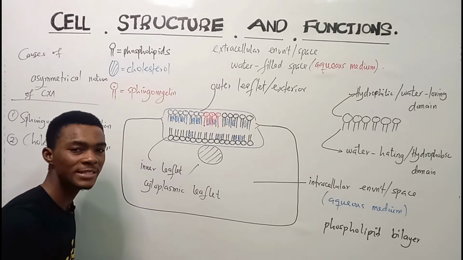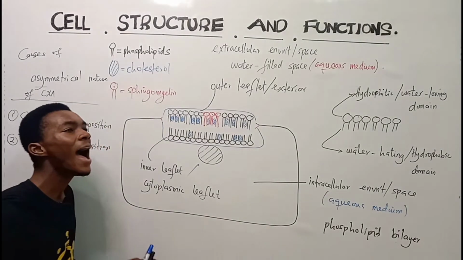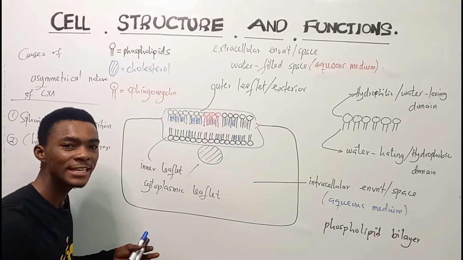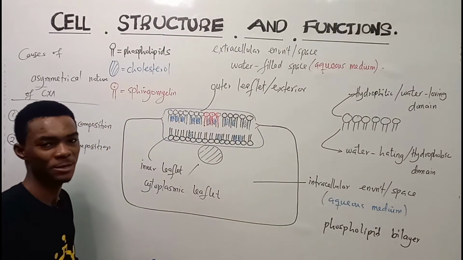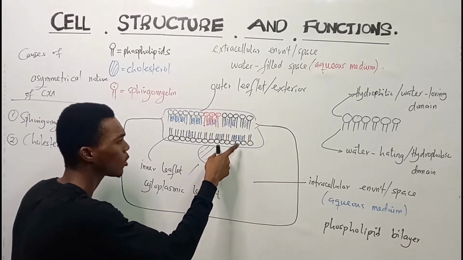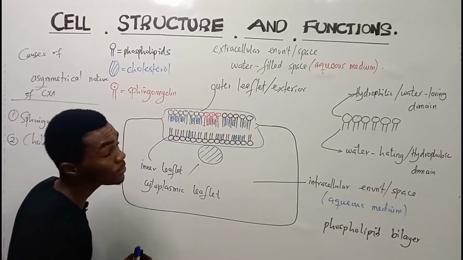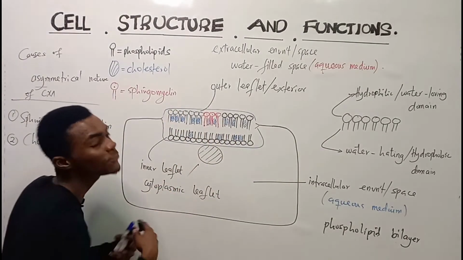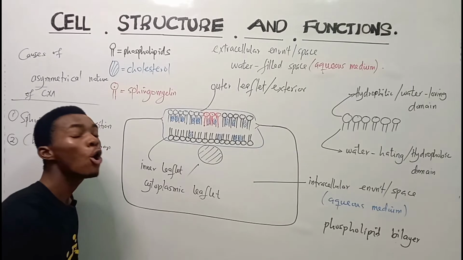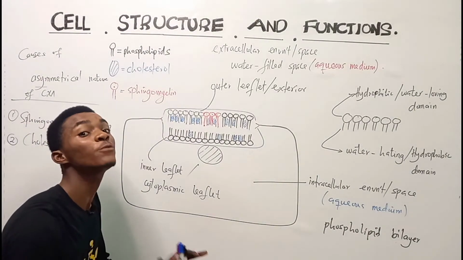And the reason is very simple. It is because cholesterol molecules have more affinity for sphingomyelin than phospholipids. Remember, in the inner leaflet, you have only phospholipid structures plus some cholesterol in there without sphingomyelin. But in the outer leaflet, you find some phospholipids alright, but together with cholesterol and sphingomyelin. And now we are saying that cholesterol molecules have more affinity for sphingomyelin than phospholipids.